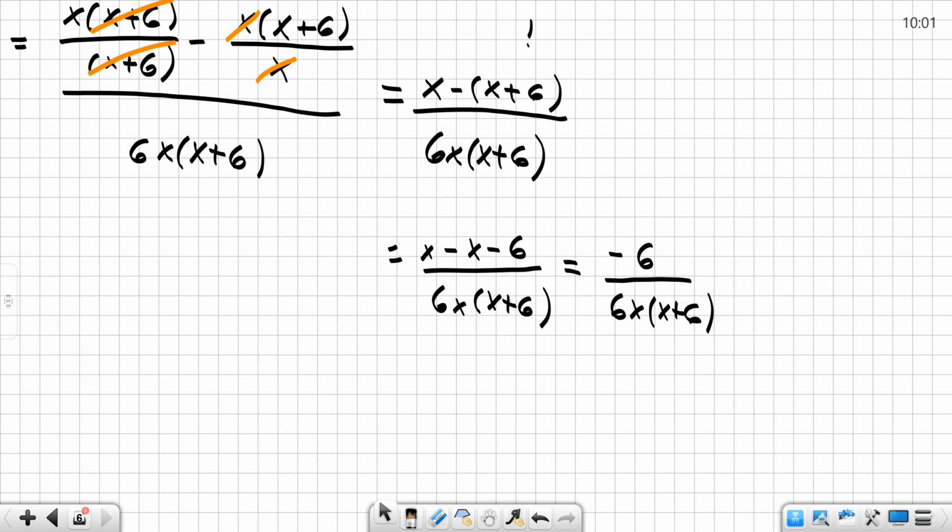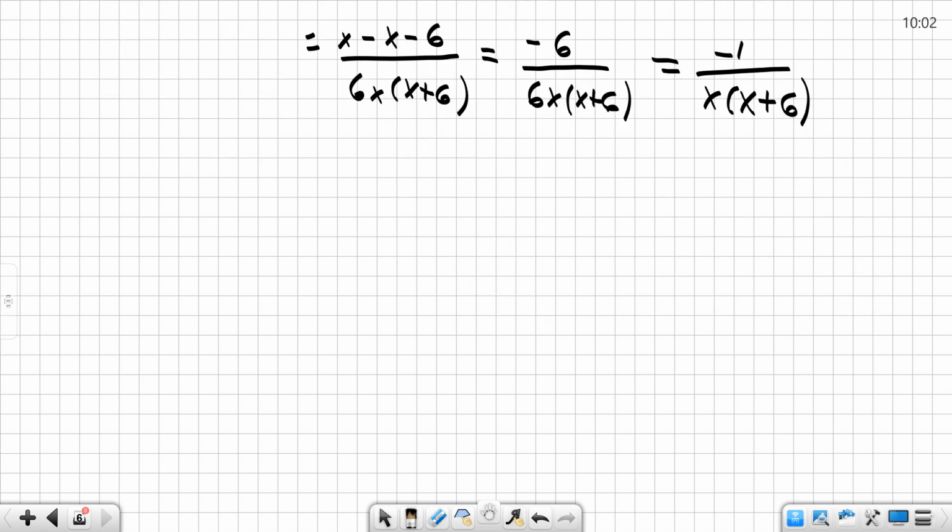Now, what I have in the top right there, this negative 6, can be thought of as negative 1 times 6. So there is a factor of 6 that can go away, and I'm left with a negative 1 divided by x plus 6. This is good enough to write down as an answer.